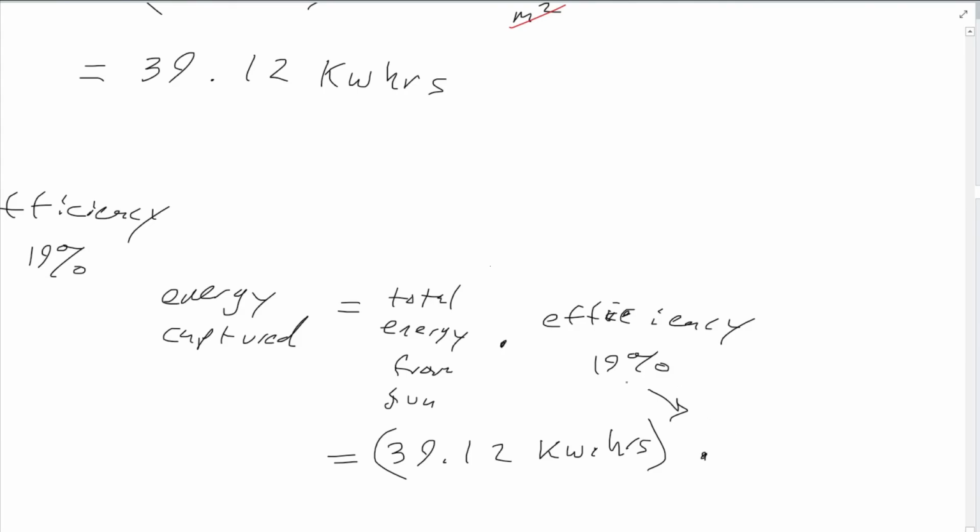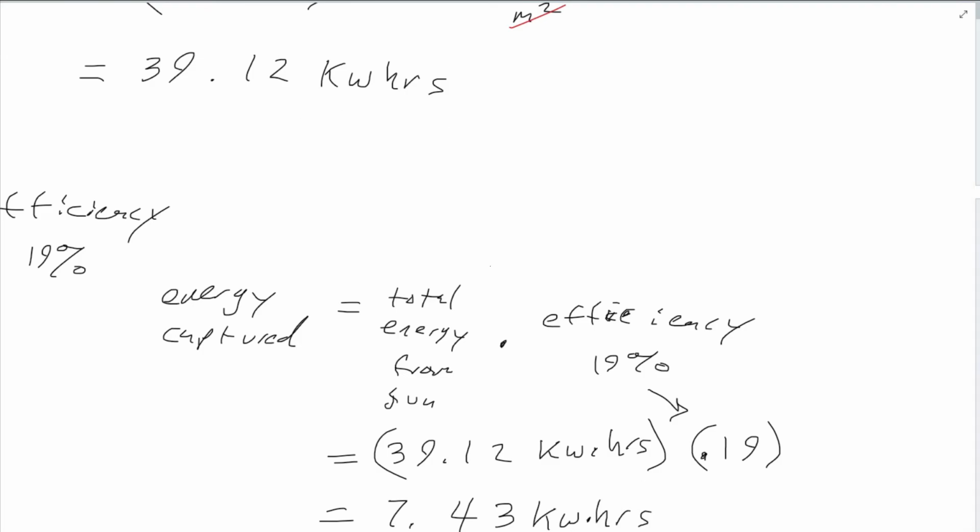So 19% is the same thing as 0.19. We multiply the two things together, times 0.19. And we find out of all that energy that came down on our four panel system, we only capture 7.43 kilowatt hours of energy.